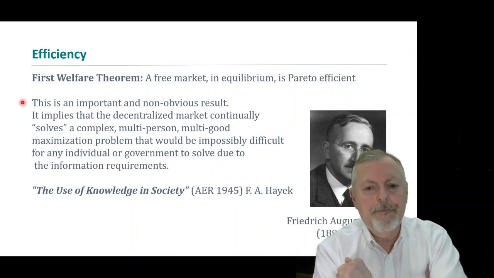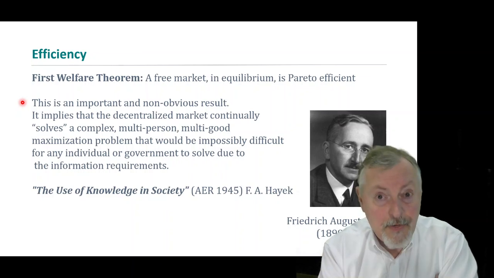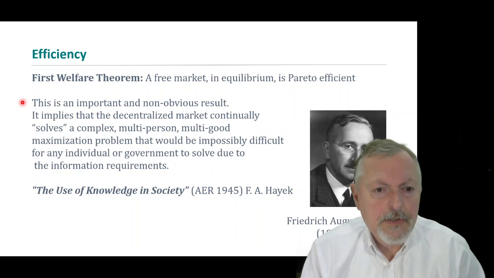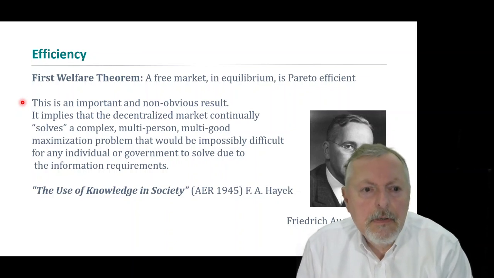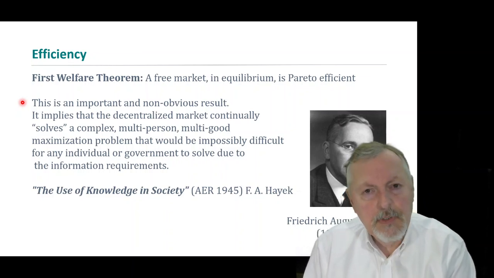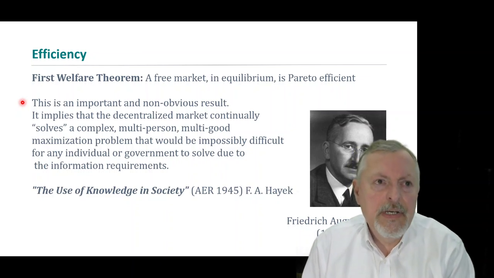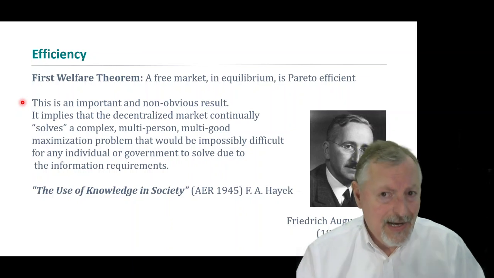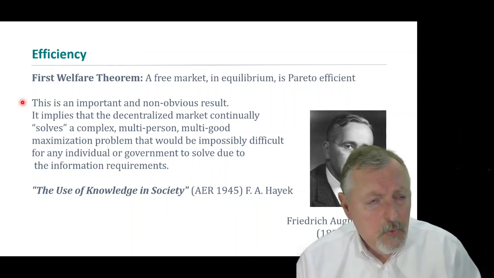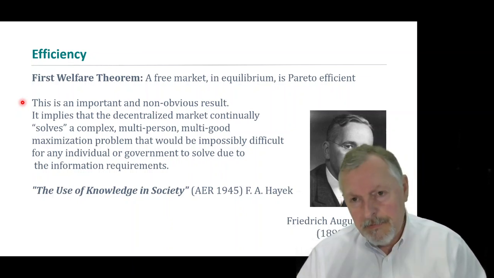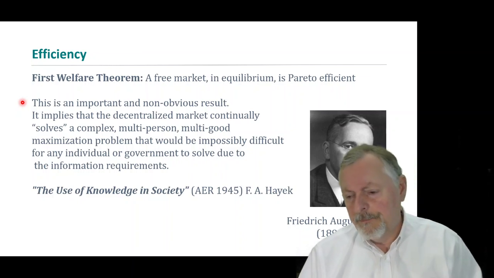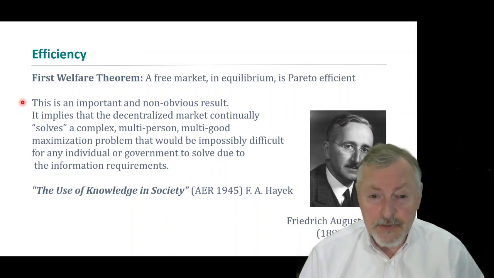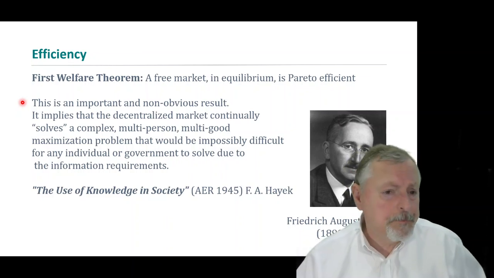Hayek showed, and it was later mathematically proven, that with certain assumptions, it is not possible for a centrally planned economy to reach not just better, but as good an outcome as a free market economy in equilibrium. Good defined here as maximizing social surplus, producer surplus, consumer surplus, as you learned about in principles.